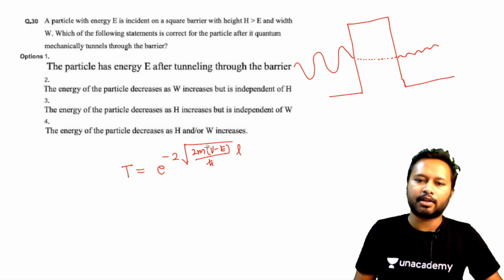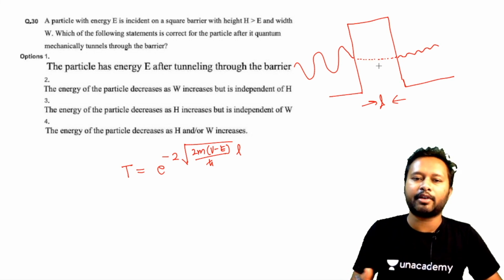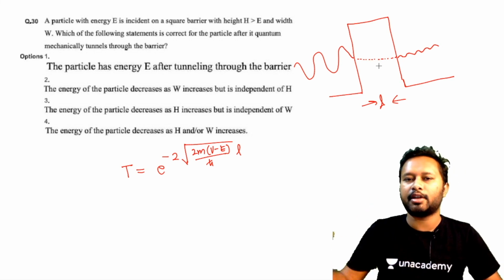So if you increase either the height or the width, the energy of the particle is going to decrease, and the tunneling will become difficult as you increase the height or the width.